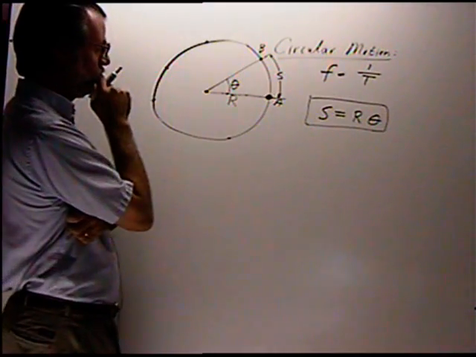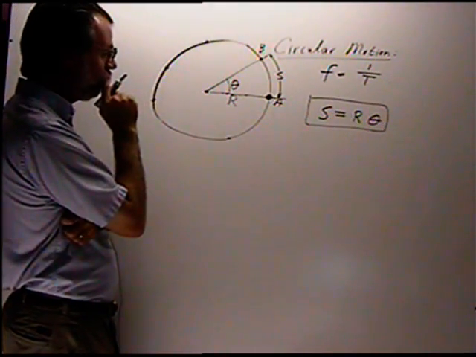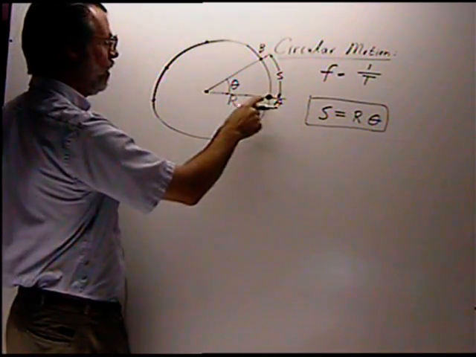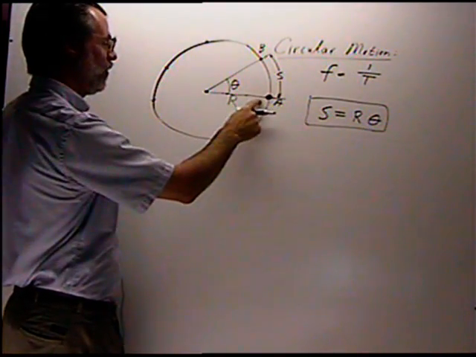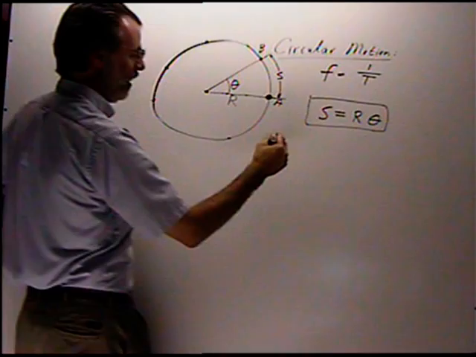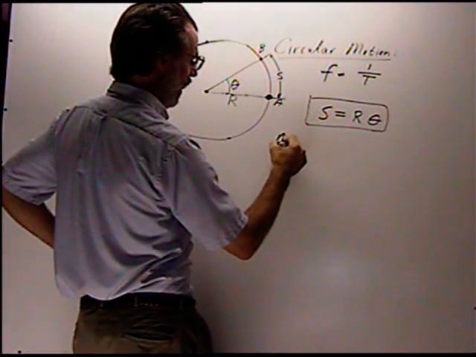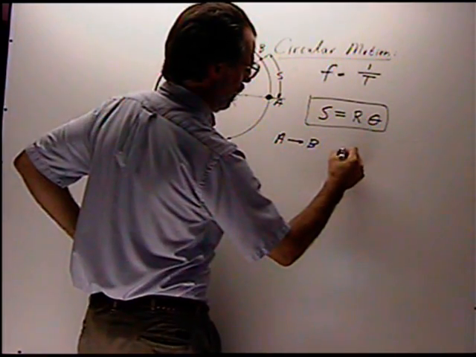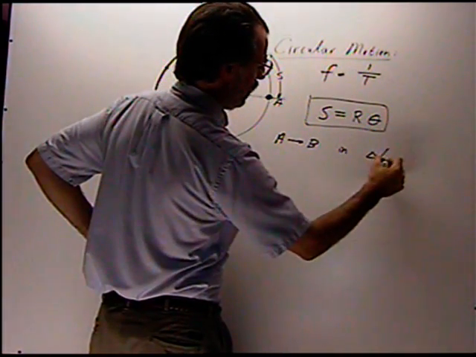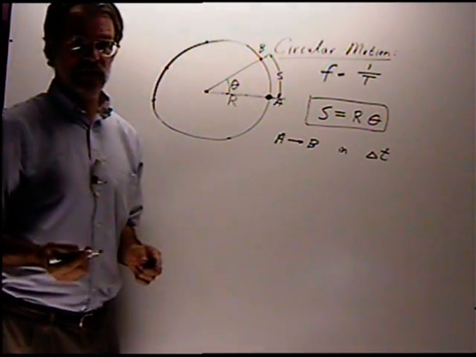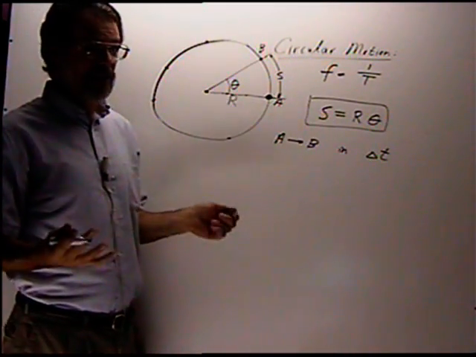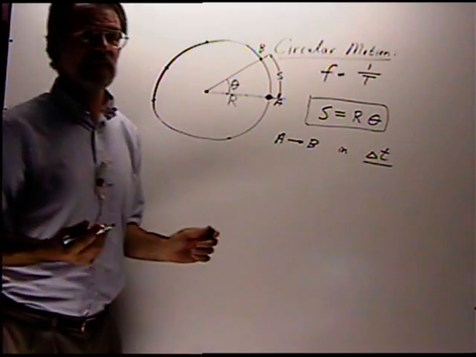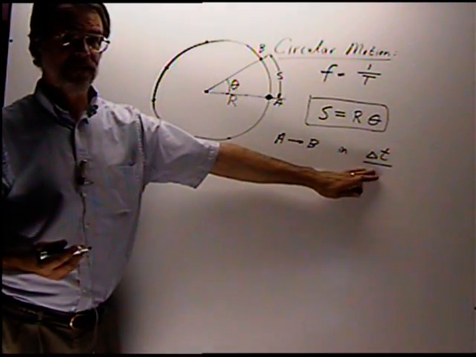Now, let's say when you're spinning this rock around, it goes from A to B. We travel from A to B in a certain time, delta t. Delta t is some number of seconds, or it may be a fraction of a second. In fact, it may be a very short amount of time, but it's some amount of time. We'll call that time delta t.